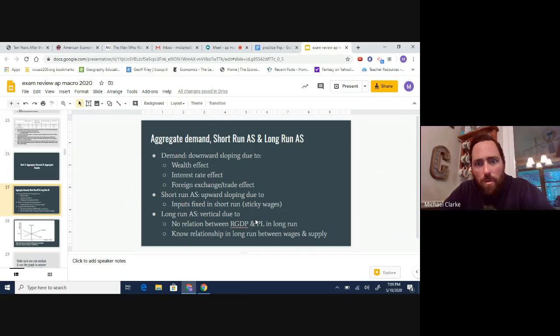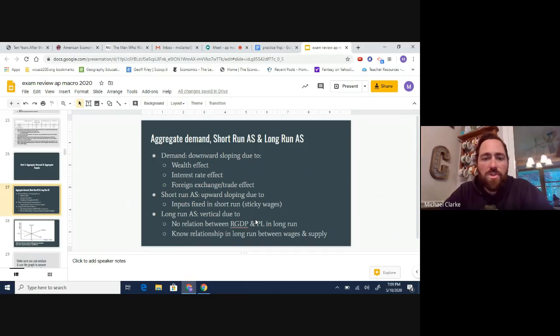So people borrow more and thus spend more. So that car that you might not have purchased when there was a 6% interest rate, with a 2% interest rate, now you're very interested and motivated to buy the car and take out a loan for the car. So that's the interest rate effect. People demand more goods and services when interest rates are lower.